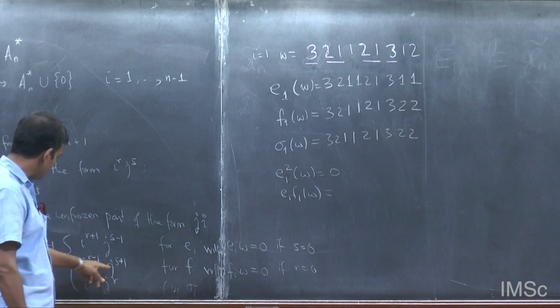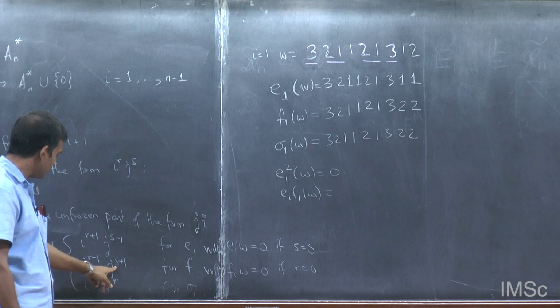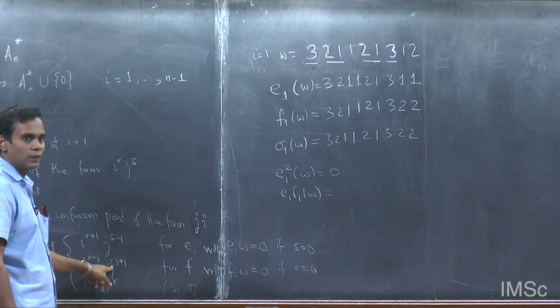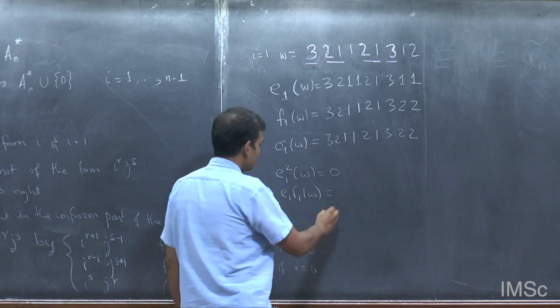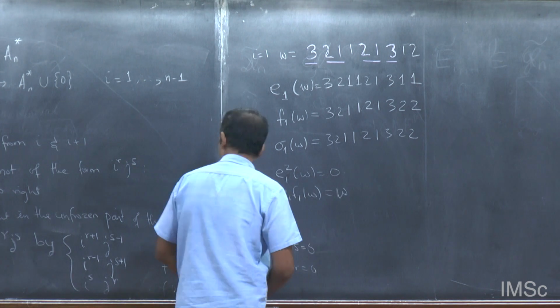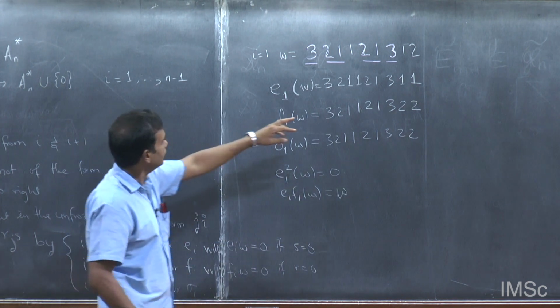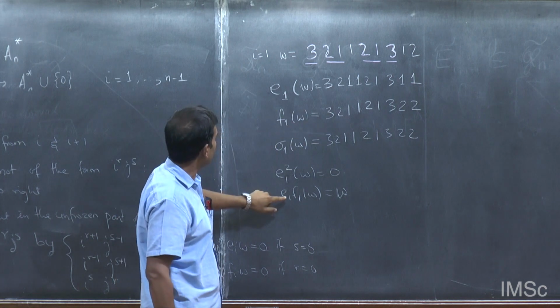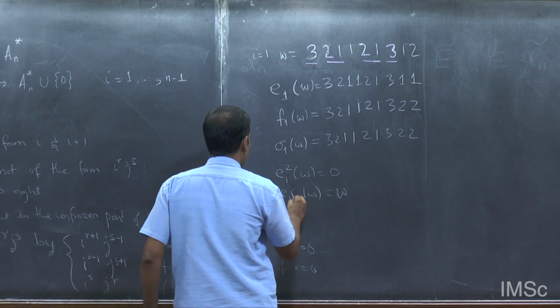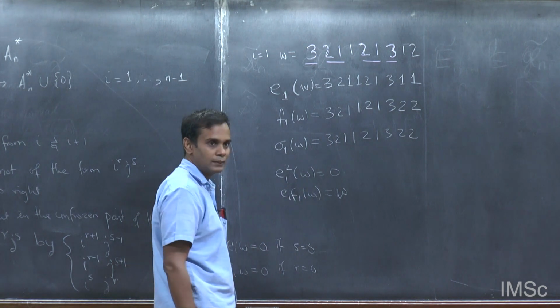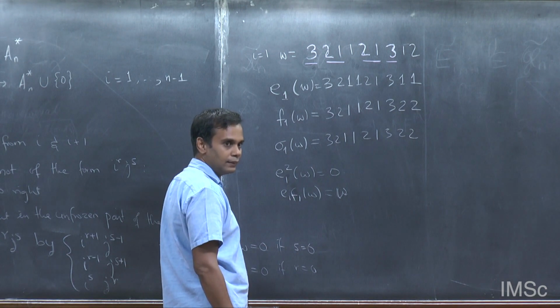So, if s is 0, I can definitely apply this, I will just introduce 1 F. So, this will go back to w, okay. So, that 1, 1, 2 became 1, 1, 1, and now when I apply E_1 again, it becomes 1, 1, 2 once again, right.